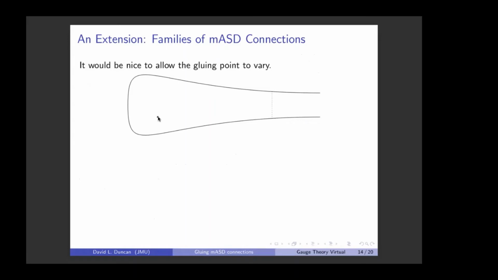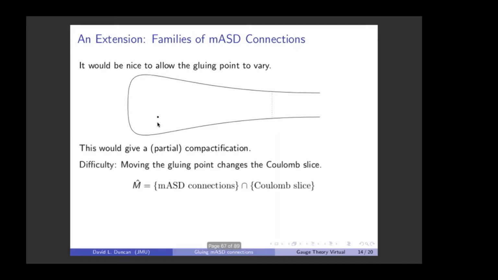You pick your favorite point in the compact piece, and it would be nice to be able to allow that point to vary, for example, and sweep out, ideally, an open subset of the mASD moduli space. That would give a partial compactification, and that would be the hope, and ultimately we're able to do that. So I want to tell you about how that works.